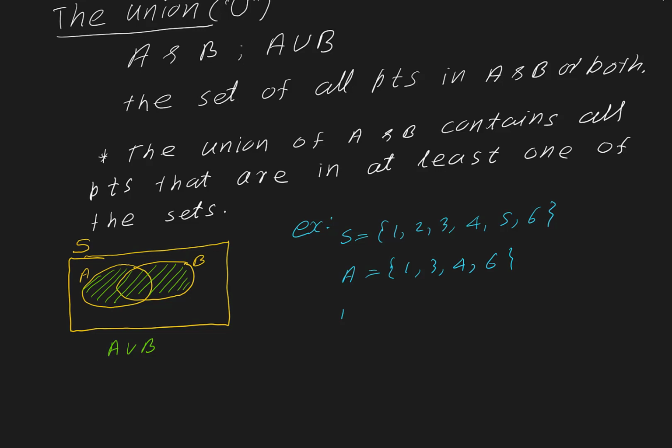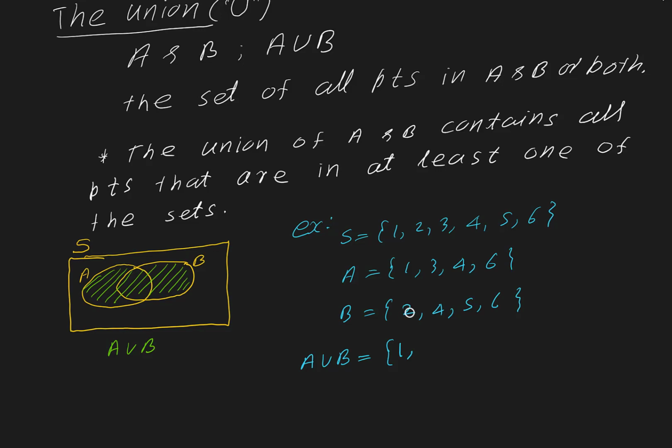Then B elements are 2, 4, 5, 6. Then what is A union B? A union B is all the elements of A and B or both A and B. So we have 1 here and we can write 1.